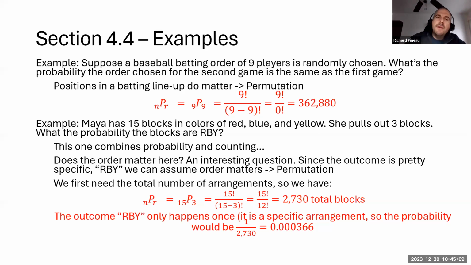If we're thinking about the combination of a red, a blue, and a yellow, that might force us to think about this a little bit differently. So I would encourage you then to try this example with Maya and the blocks from the combination perspective. If folks are thinking that this is interpreting the red, blue, and yellow from the perspective of a combination, where it doesn't matter the order in which he pulls out those three blocks. So there may be implication then on what your numerator may be.